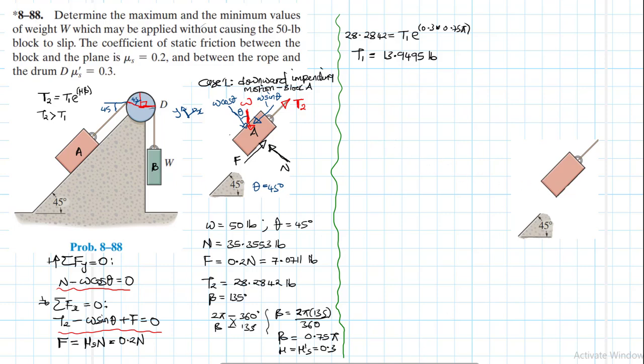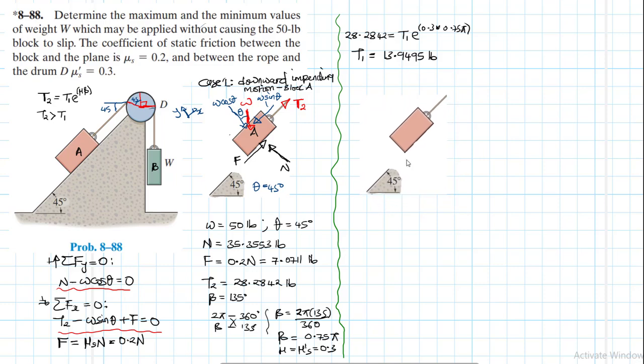Let's go to the second case. All right, let's do the same like before, but the assumption is different.